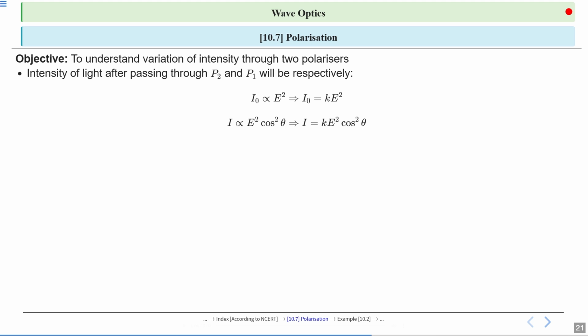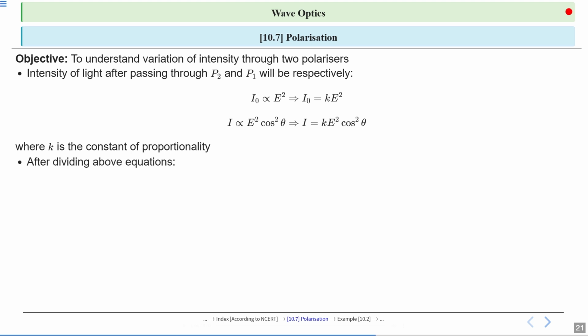After removing the proportionality sign, I equals K E square cos square theta, where K is the constant of proportionality. It's important to understand that K is a factor that relates the electric field to the intensity of light.